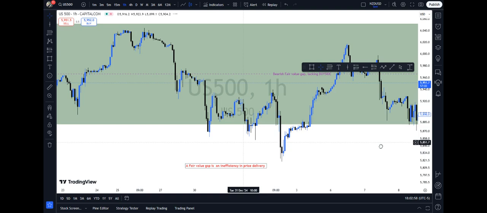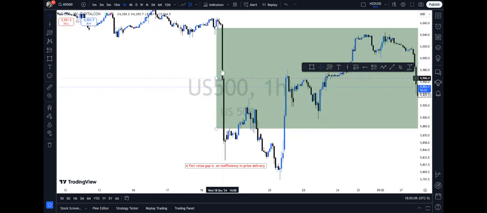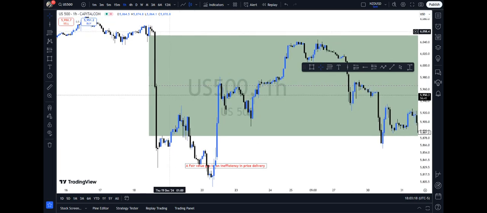Let's count. This is one, this is two, this is three, and this is four. So on a 1 hour, we are seeing two big candles here.